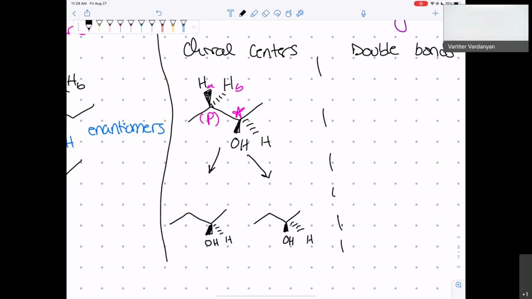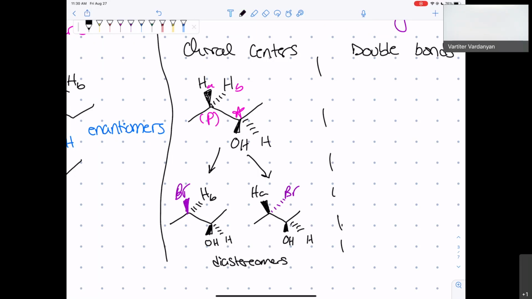Diastereomers! Yay! Okay, so let's say we replace it with a bromine or something. Takes so long to write out, but that's fine. All right, so these are a set of diastereomers.